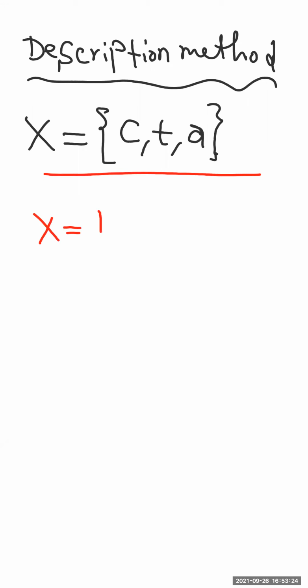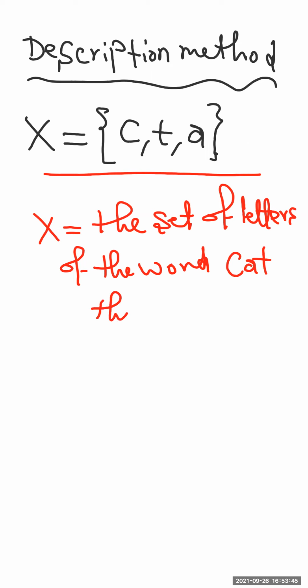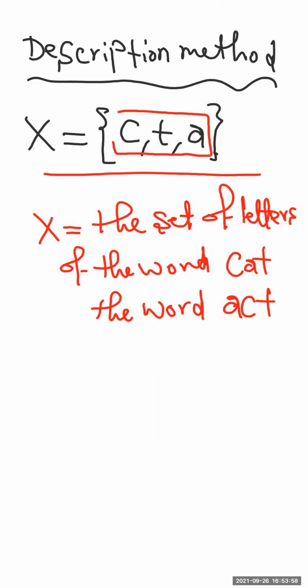X equals the set of letters of the word cat, for example, or the word act. So here C, T, and A are the letters of the word cat, of course.